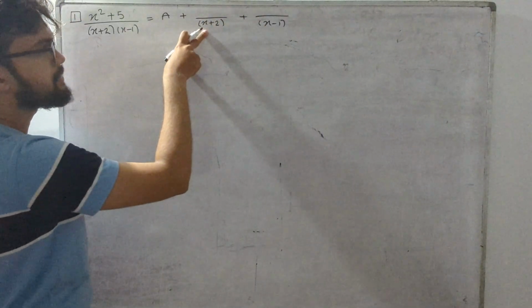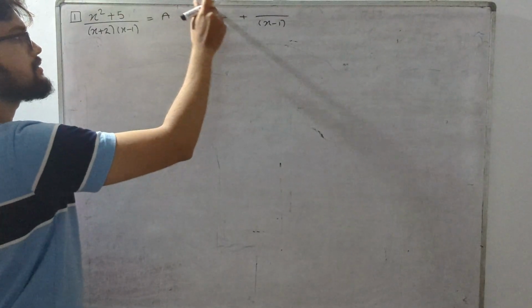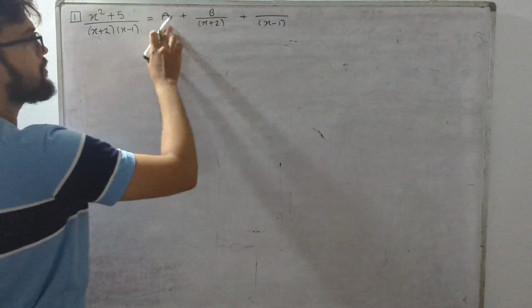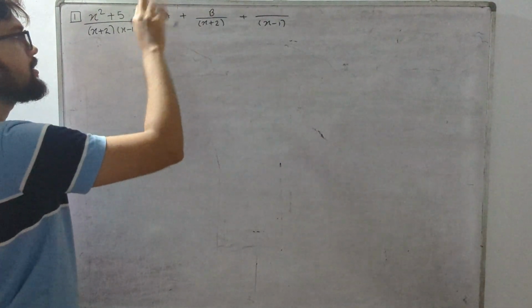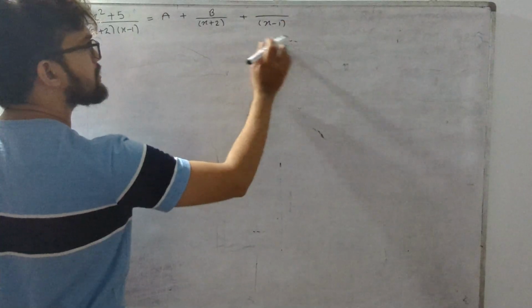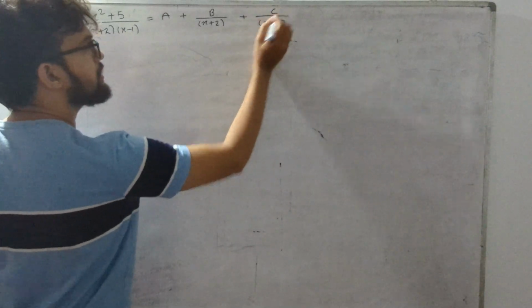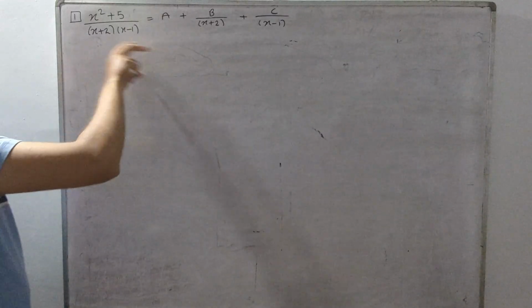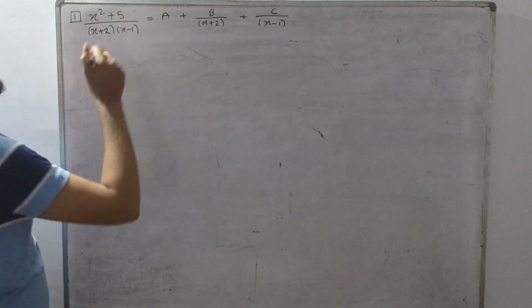The degree of this part is 1, so this would be a 0 degree term. It's called capital B, because before we put the capital A in the initial stage. This degree is 1, so this will be another constant. After that we can multiply both sides by this denominator.